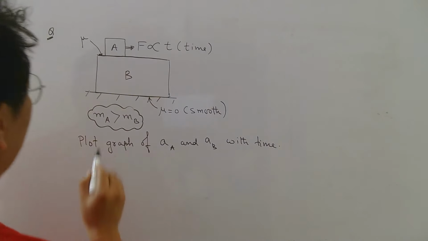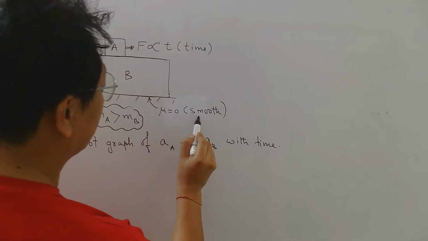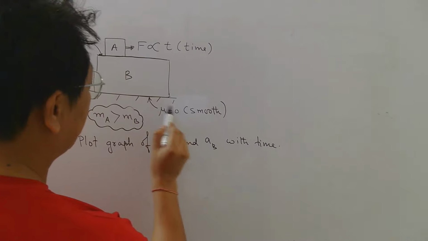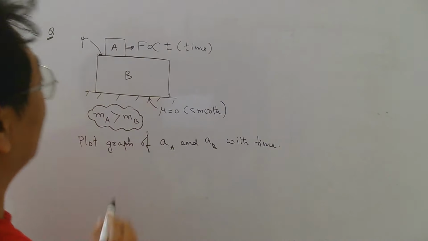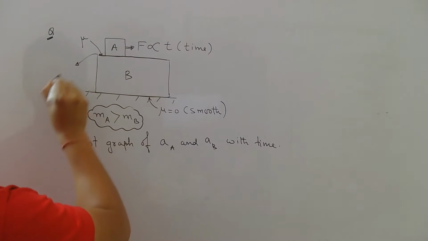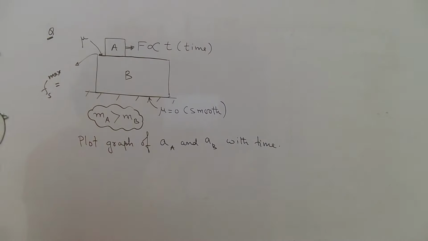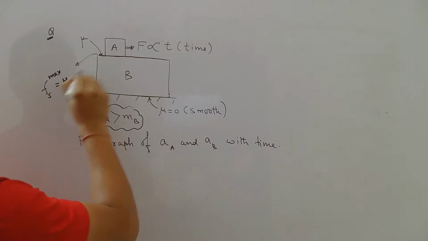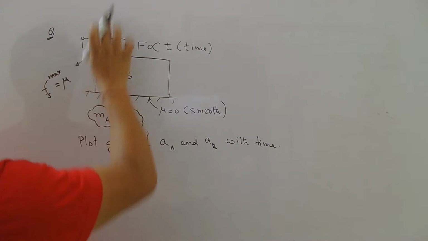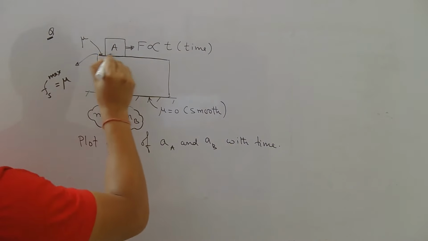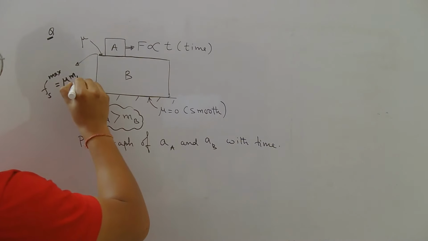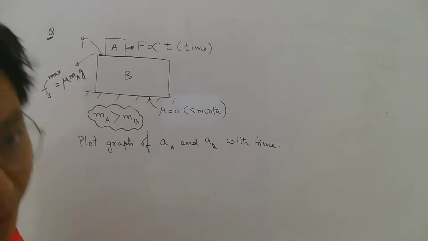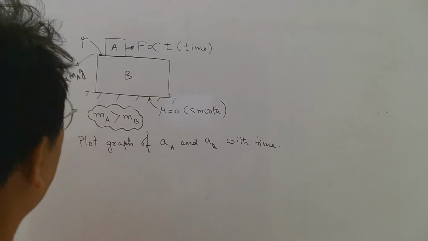Here the surface is smooth, so the coefficient of friction will be 0. So here there is no Fs max, and here the maximum static friction will be mu into normal. Normal here has to balance the weight of this block. Weight of this block will be MA into G. That's the first thing we should calculate, right?